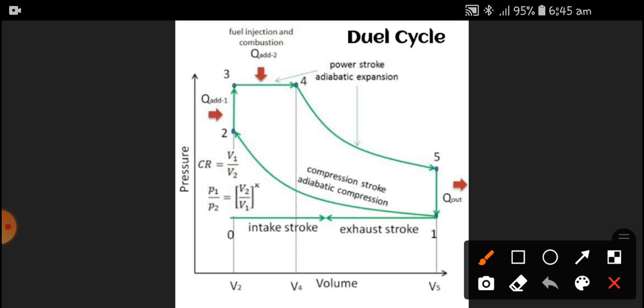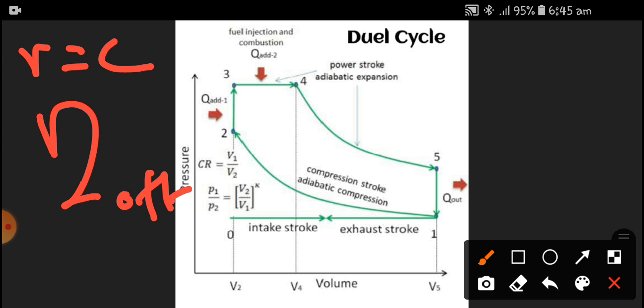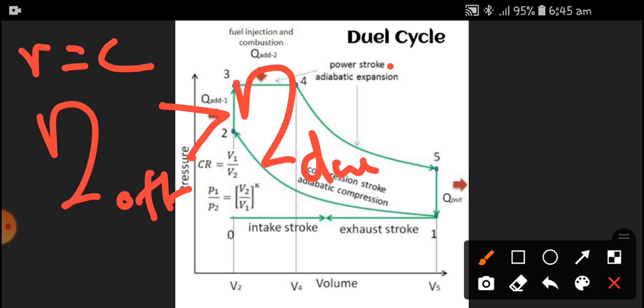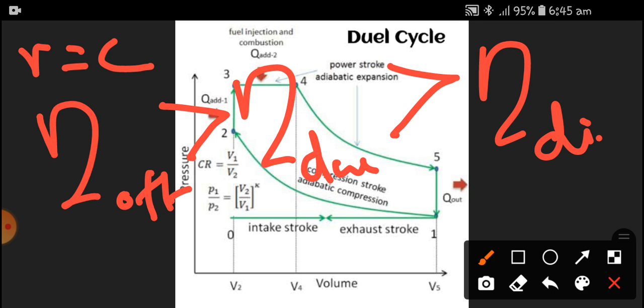At the same compression ratio, if I say the compression ratio is constant, the efficiency of Otto is more than the efficiency of dual, and dual is more than the efficiency of diesel cycle.